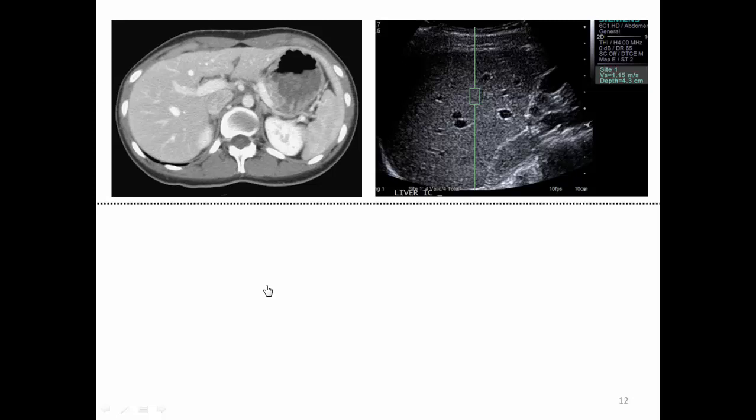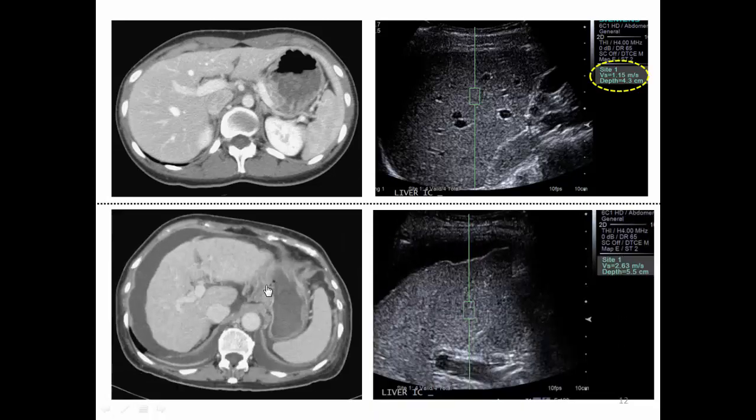Let's look at some examples here. A normal liver looks normal on CT scan and ultrasound, and we measure the shear wave velocity using ARFI. It shows a value of 1.15. For another case, it is clearly cirrhotic by CT and ultrasound image, and we measure ARFI.